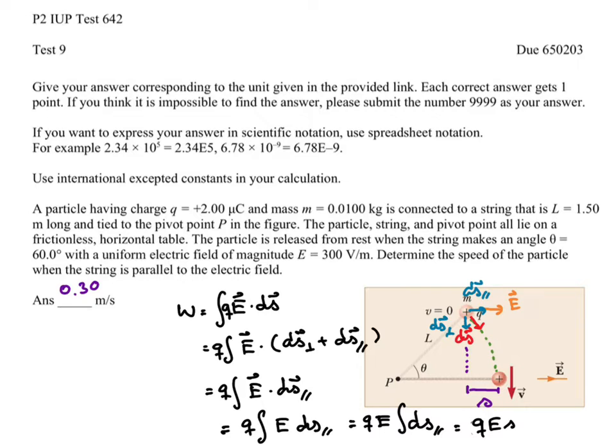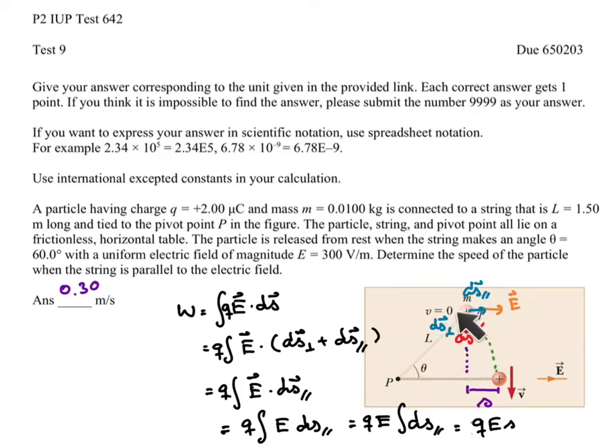So the situation is that we have a charged particle, and we place this charged particle in the region with the electric field, and it's also tied with a string.